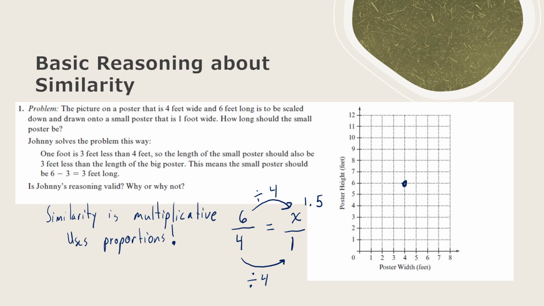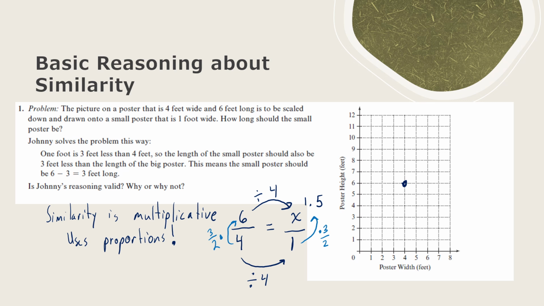Now, this activity encouraged you to find other similar posters. I guess I should also point out that if we use the internal method, 6 is 3 halves of 4, or 4 times 3 halves is 6. So I could do the same thing here. Now let's do some easy similar posters.